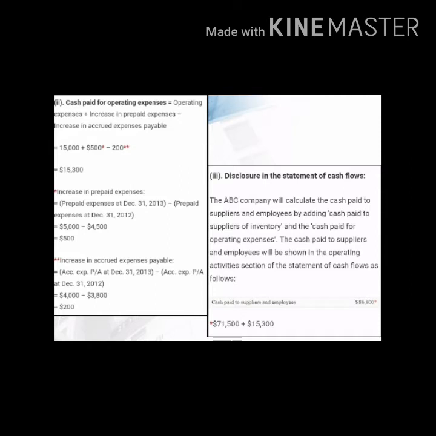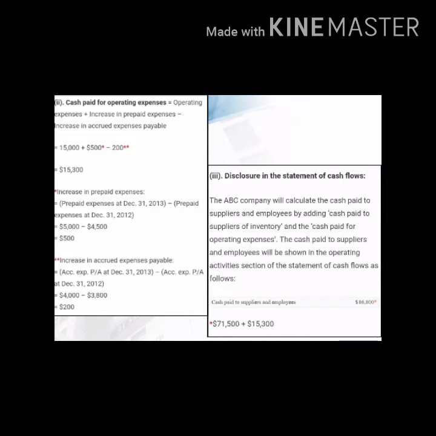For the increase in prepaid expenses, we should compute the ending period of the year minus the beginning period of the year.